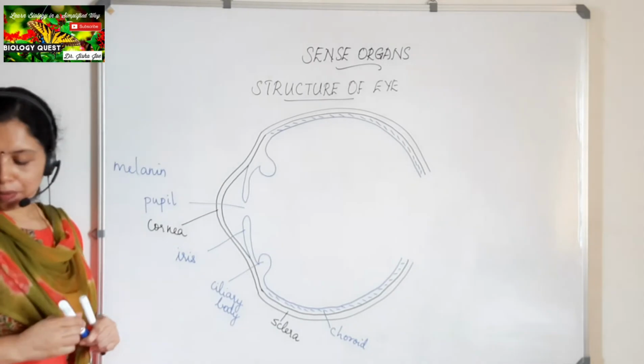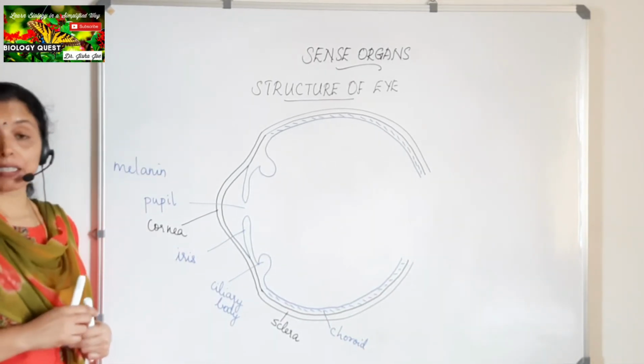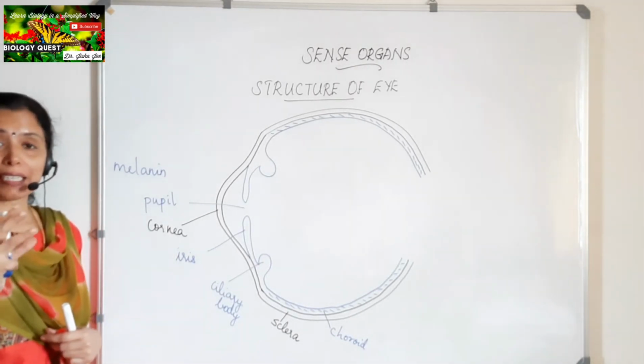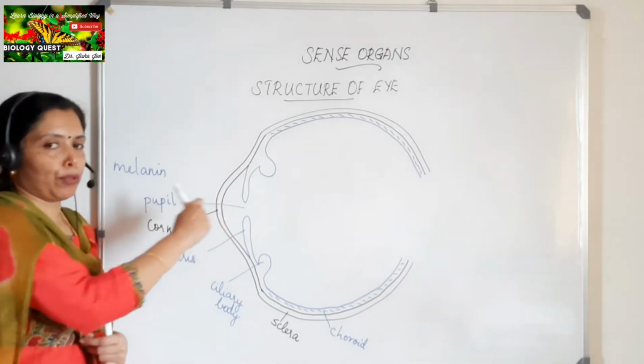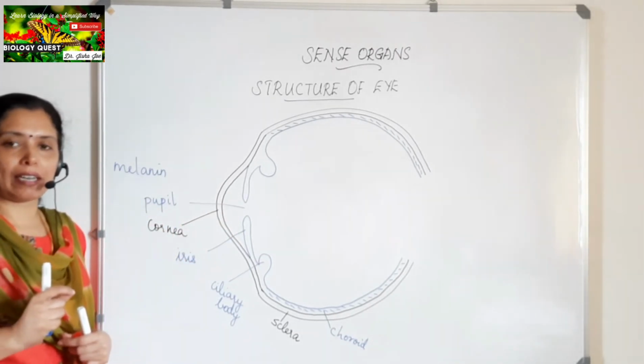The iris has both radial and circular muscles, and these muscles help in widening and constricting the pupil.